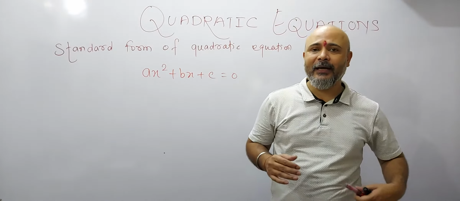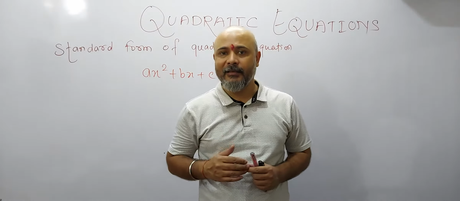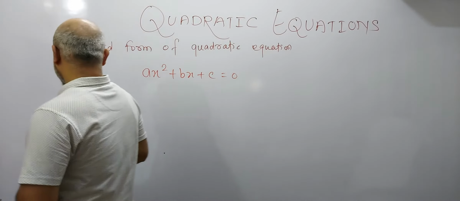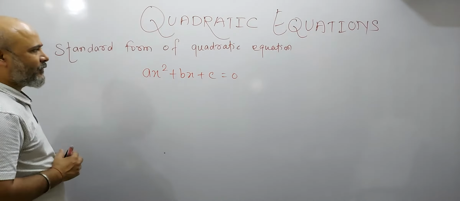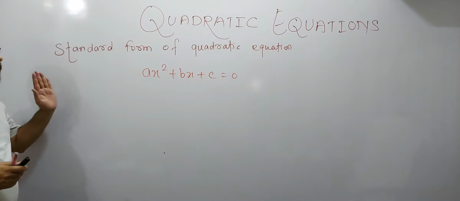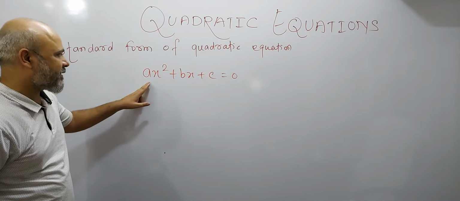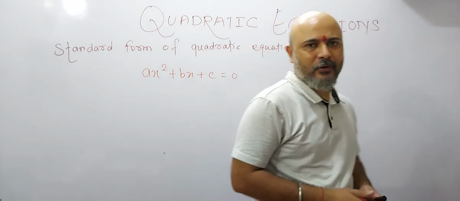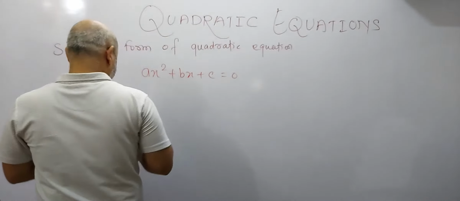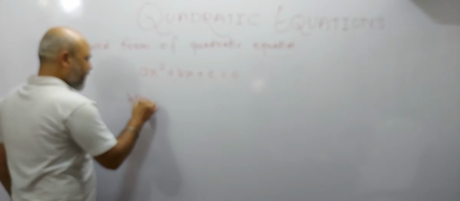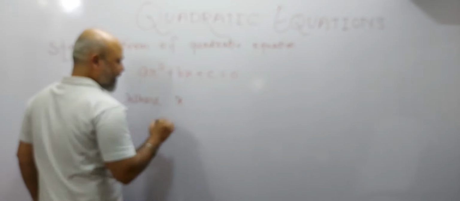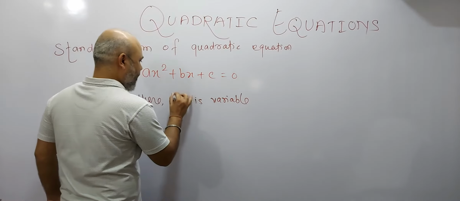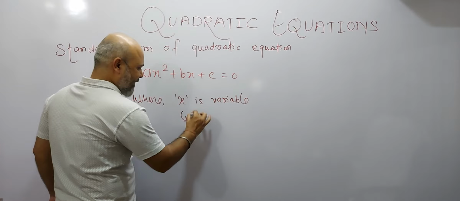When you identify that the highest degree of the variable is 2, then you can say that the given equation is a quadratic equation. So what is the standard form or general form of a quadratic equation? ax square plus bx plus c is equal to 0 is the general form of a quadratic equation, where x is a variable.